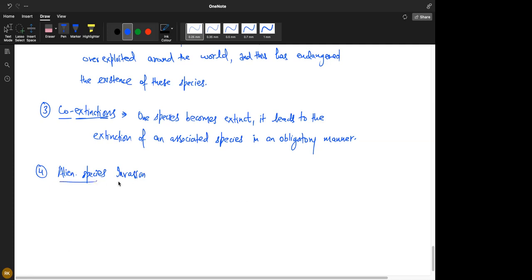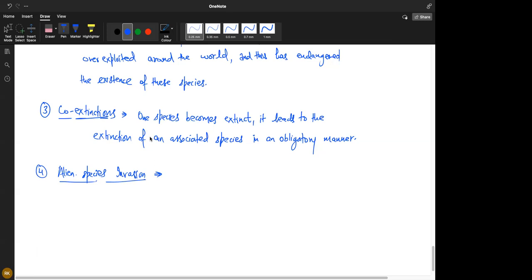These invasions have happened multiple times, some unintentionally, some intentionally. Alien species invasion means when any foreign species is introduced, either unintentionally or intentionally, for any purpose, into a different habitat or a different ecosystem.